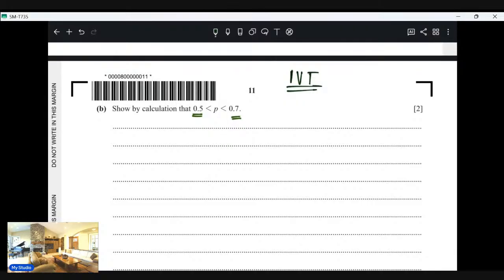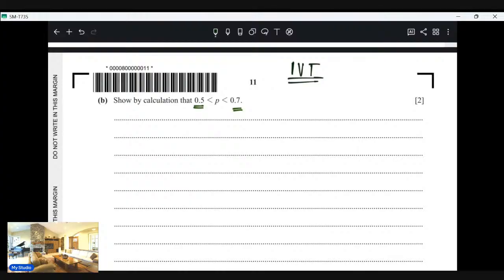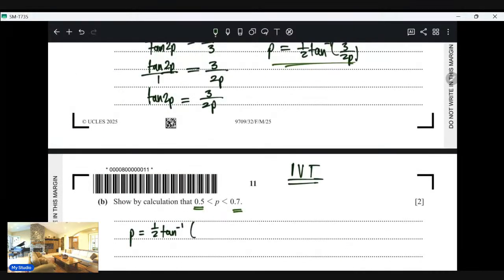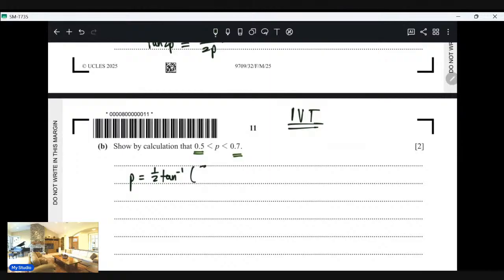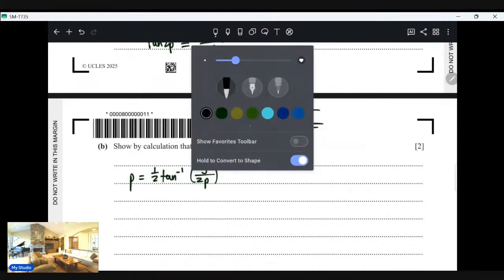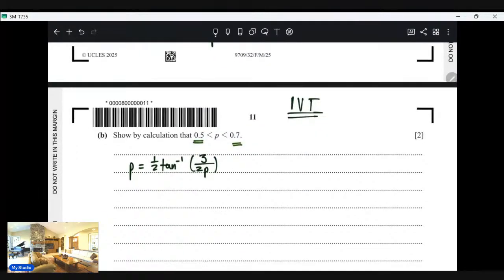So what do we have? You said p is equal to half tan inverse of 3 over 2p. What we are going to do is feed in 0.5. Let's call this f of p.